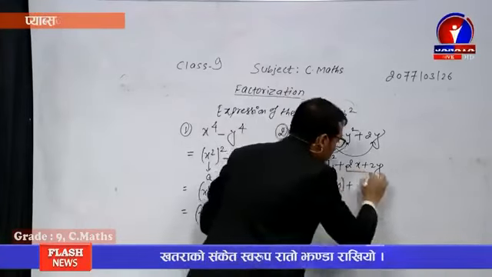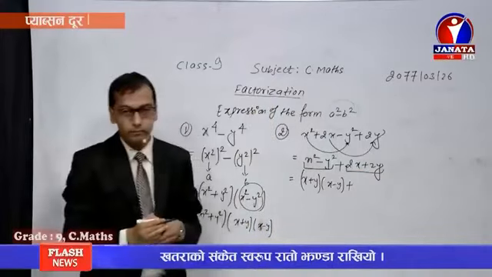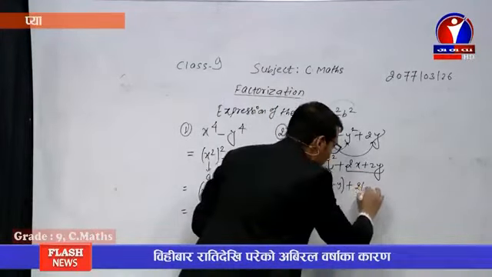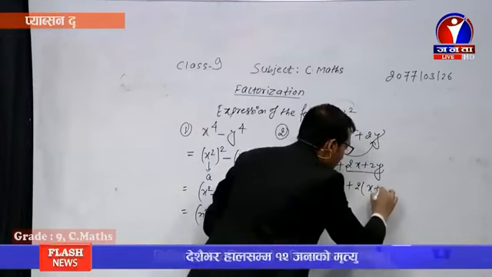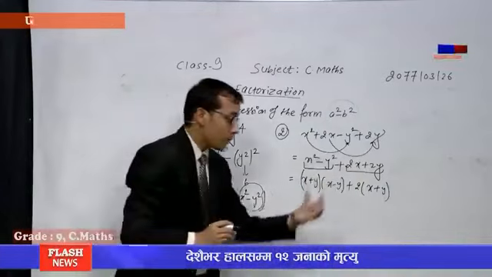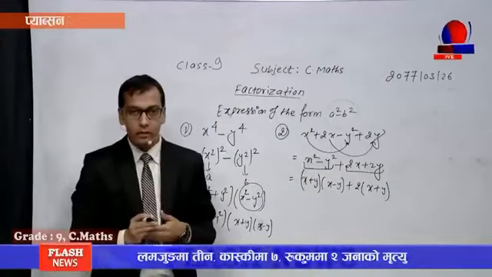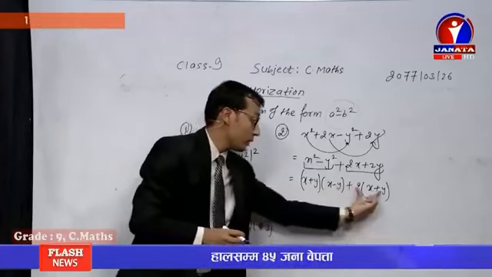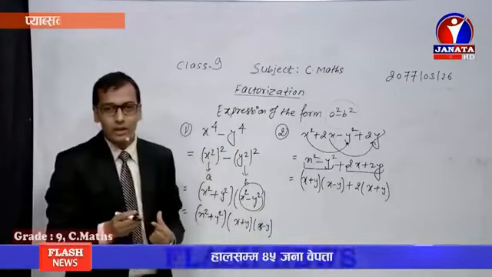Now from these two terms, what is common? We can see here 2 is common. So what are the terms left? X plus y. So it seems one of the factor is again common. If we consider this is our first term and this one is second term, what is common?